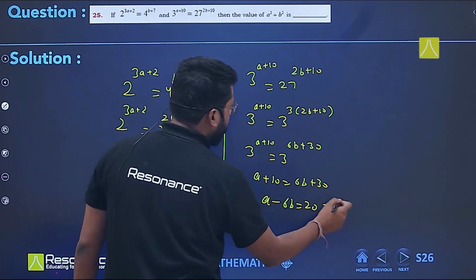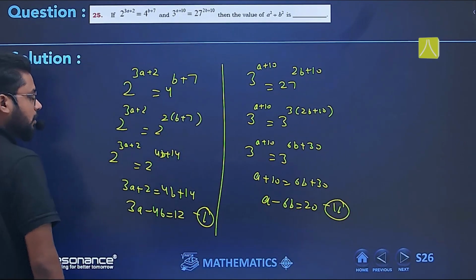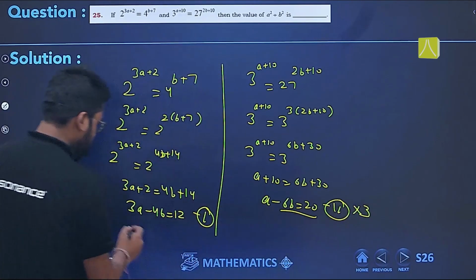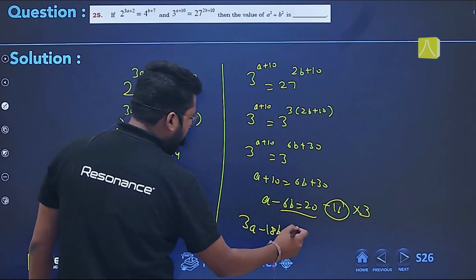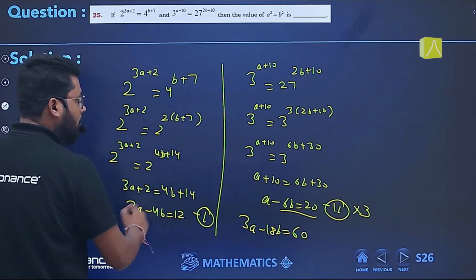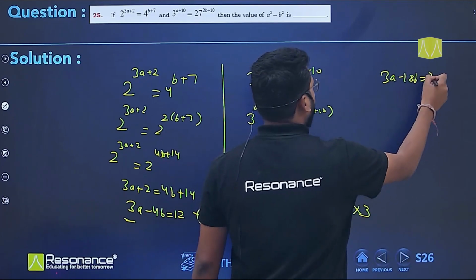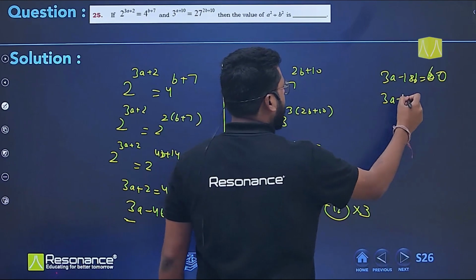This is our second equation. We'll eliminate one of the variables. If I multiply this equation by 3, because 3a is here, it will be 3a minus 18b equals 60. And this is 3a minus 4b is equal to 12.